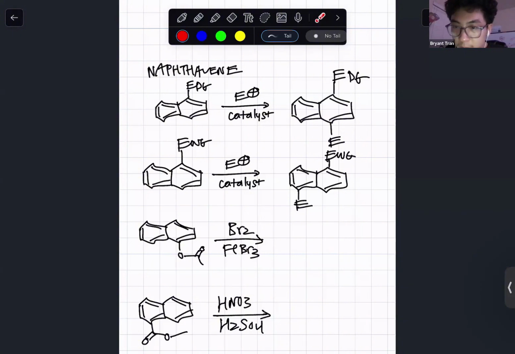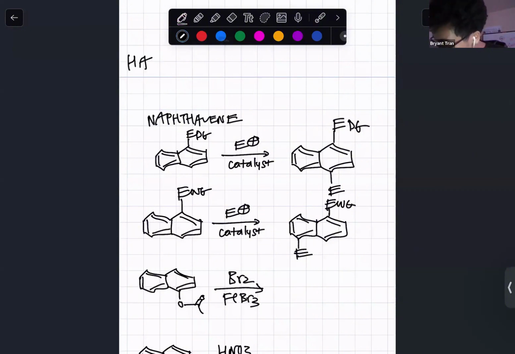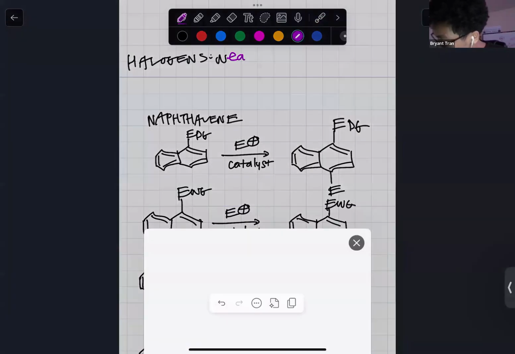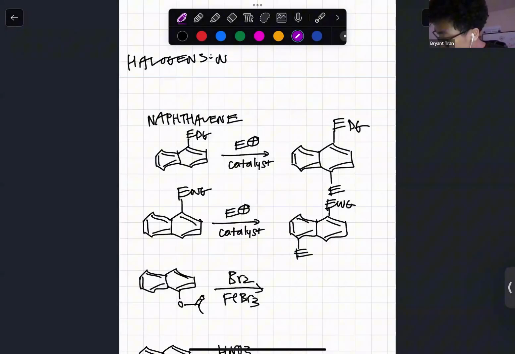That includes enantiomer. Would a halogen substituent on naphthalene be considered an EWG or EDG? It's the exception: an ortho-para director instead of meta, but technically still an EWG. So a halogen would follow this EDG pattern as well, because halogens are considered weak EWGs, but they're not meta directors.